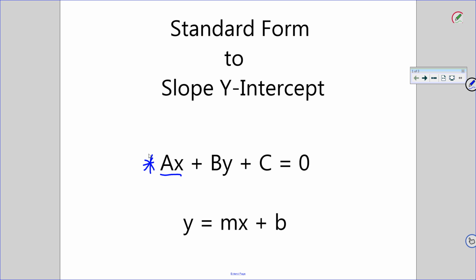Now, yesterday we discovered this equation here, which was y equals mx plus b. We call that version of a line, the equation of a line, written in slope y-intercept form. Why is that? Because your m value is your slope, your b value here is your y-intercept.